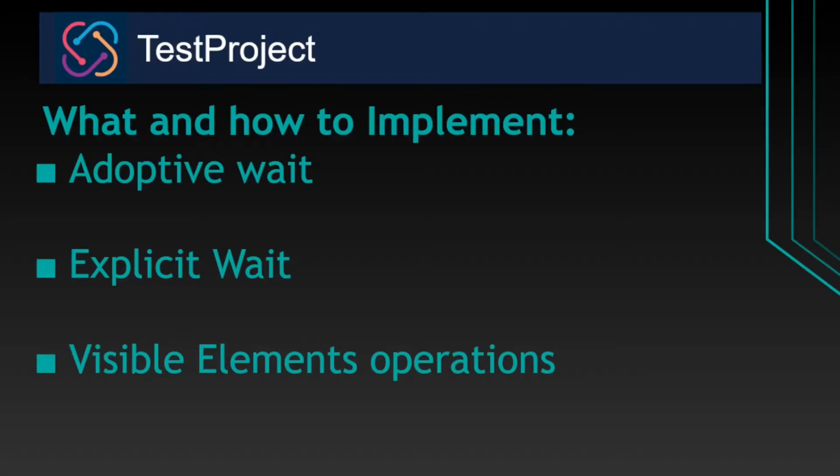And what is explicit wait? Explicit wait means, let's assume you got to know your application is slow and it takes around 15 seconds to respond. So you can just specify 15 seconds. That means the script or TestProject will wait for 15 seconds. I can say it's a hard-coded value.